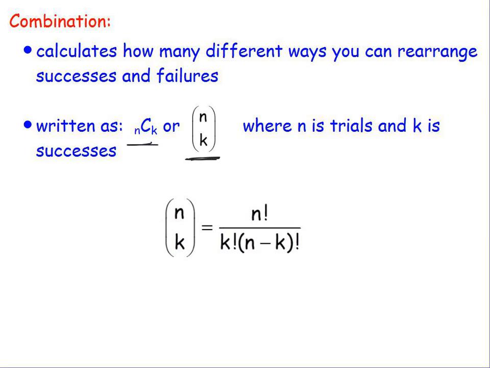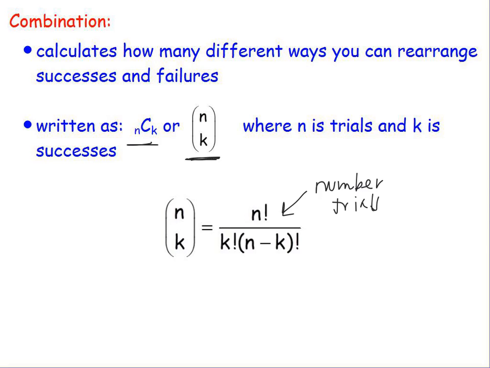Well, there is a formula to calculate this. I'm going to show you the formula, but luckily we have our graphing calculators, which allow us to do this without the need for this formula. So the way the formula works, this right here is N, the number of trials, and there's this exclamation point.